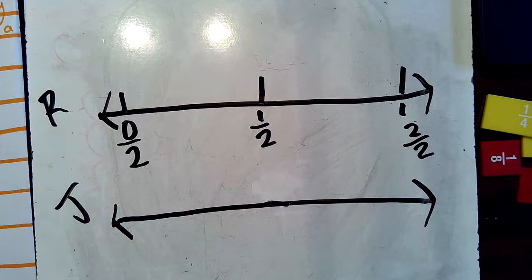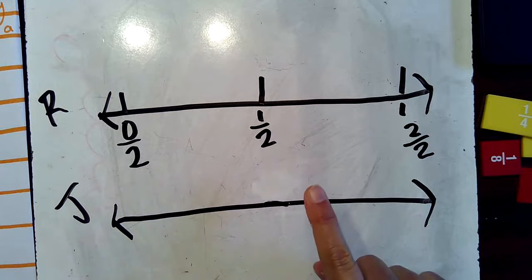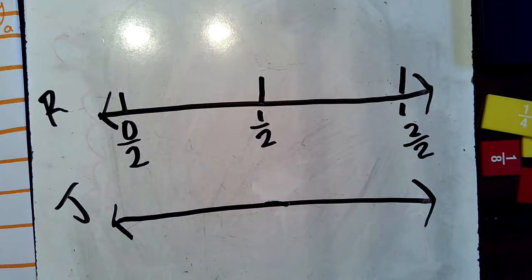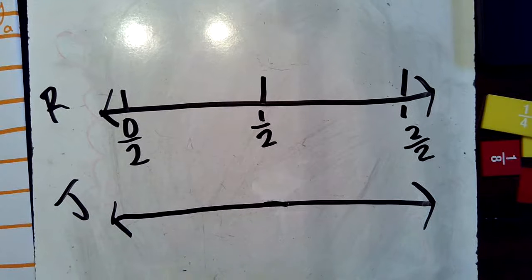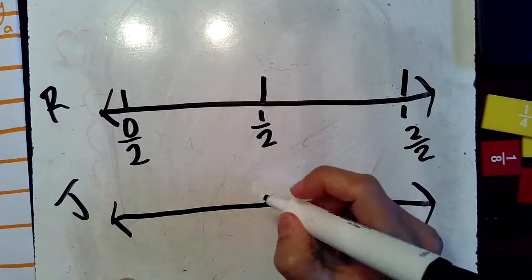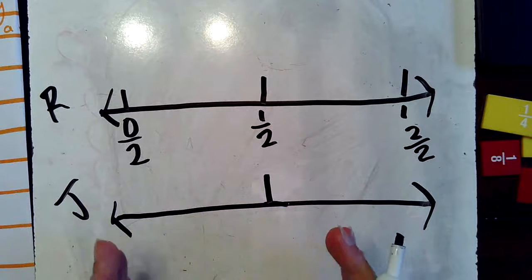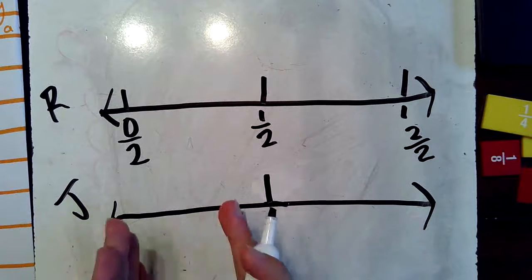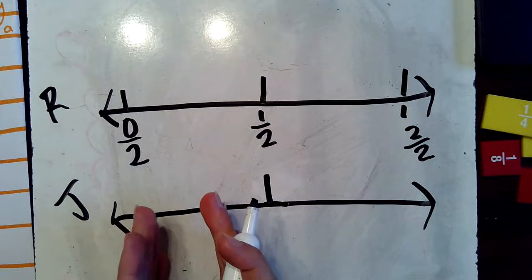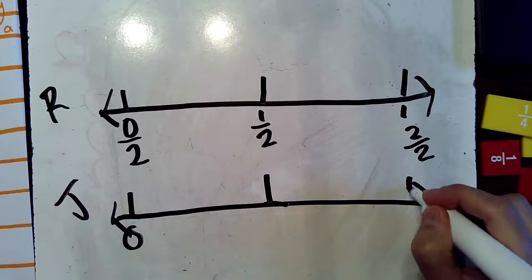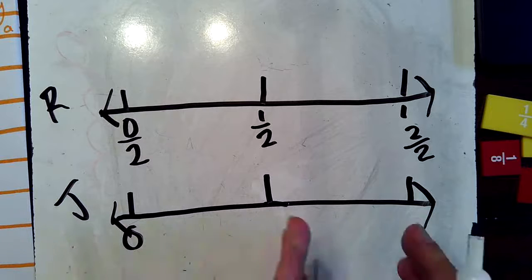I already have Rylan, and I've divided his line in half. We have 0 halves, 1/2, 2 halves. Now for Jackson, his is going to be a little bit different. He is divided into 6. He's 3/6. So if you remember, I'm going to divide this line in half, and I'm going to draw 2 lines on each side to make 3 parts on this side and 3 parts on this side, because 3 plus 3 is 6.